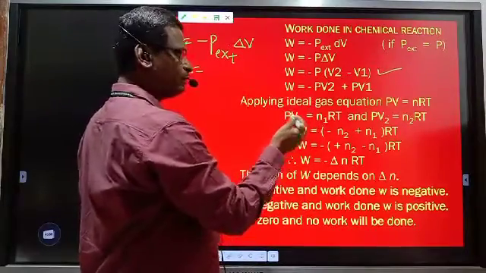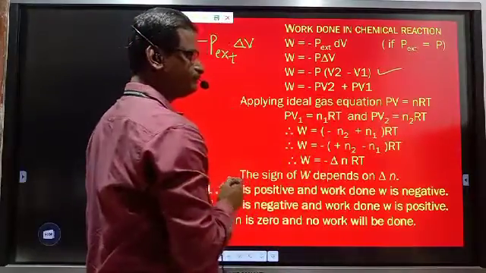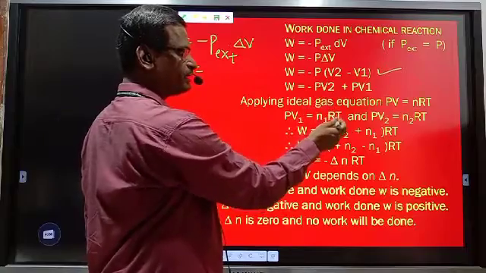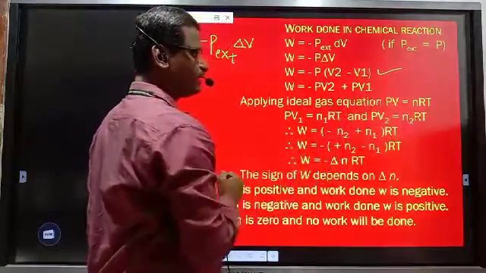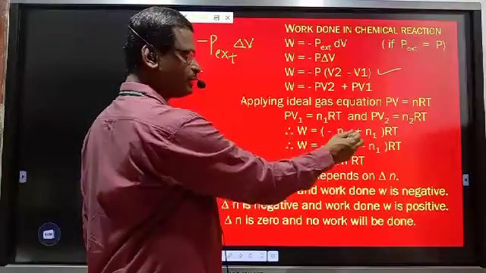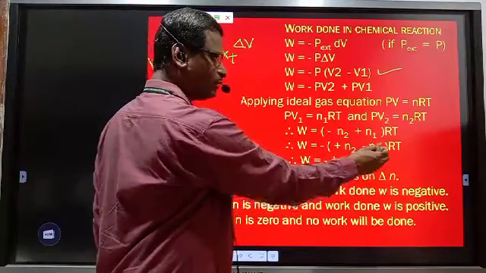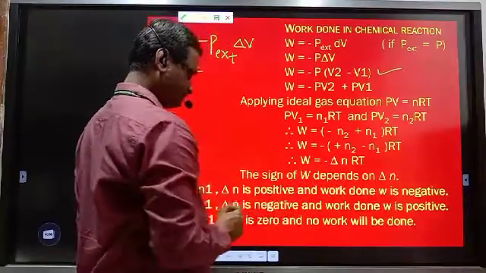And there also we know PV1 is N1 RT, PV2 is N2 RT. So substituting, PV2 replaced by N2 RT and PV1 replaced by N1 RT, we get W is equal to minus N2 minus N1 times RT, and finally minus delta nRT.